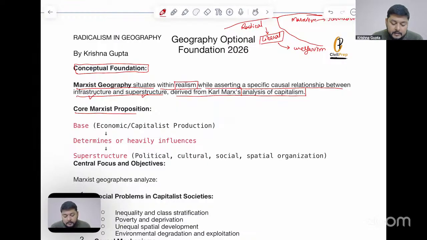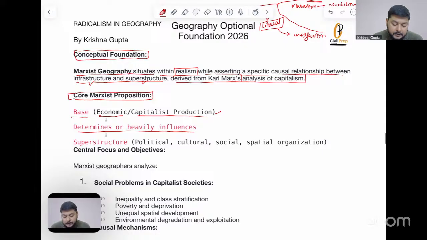The core Marxist position is that the basis, the economic or capitalist production, determines or heavily influences the superstructures. What are the superstructures? Political, cultural, social, and the spatial organization, which we have discussed in the previous part.